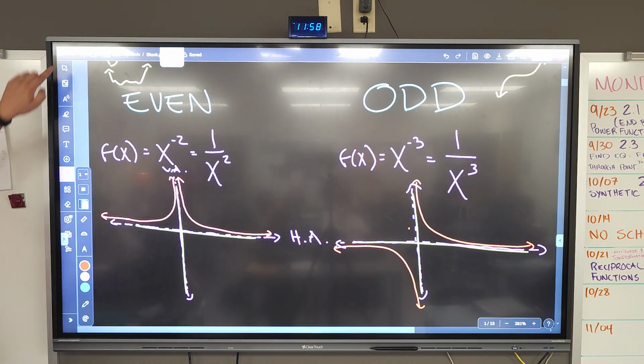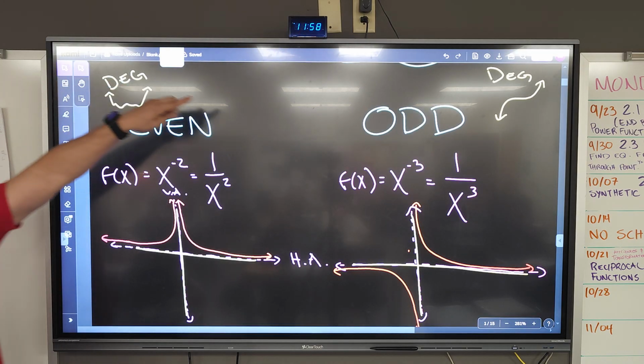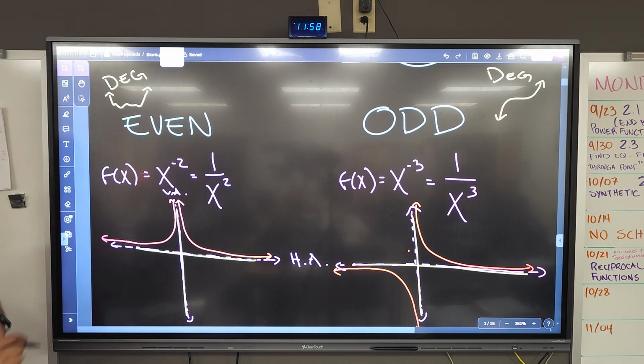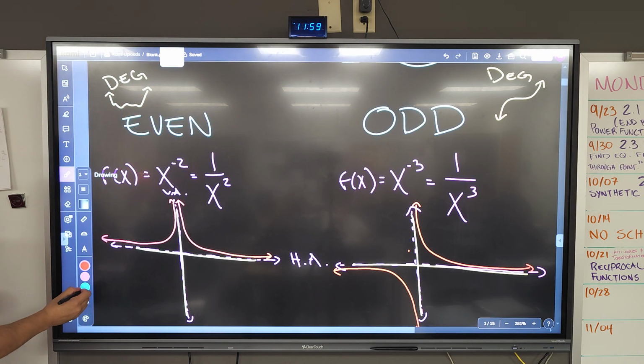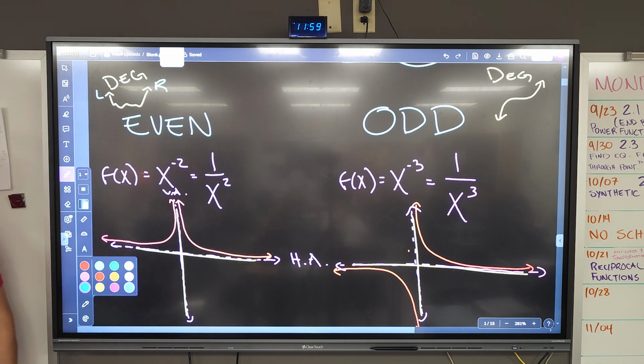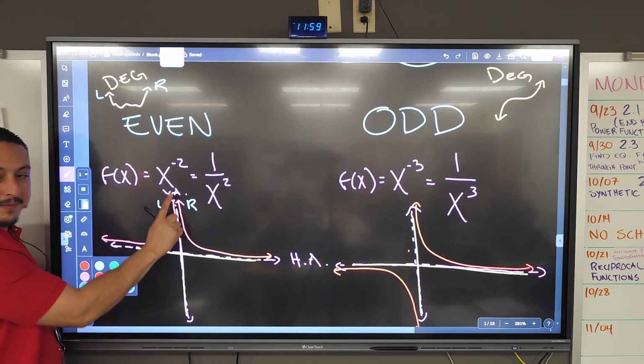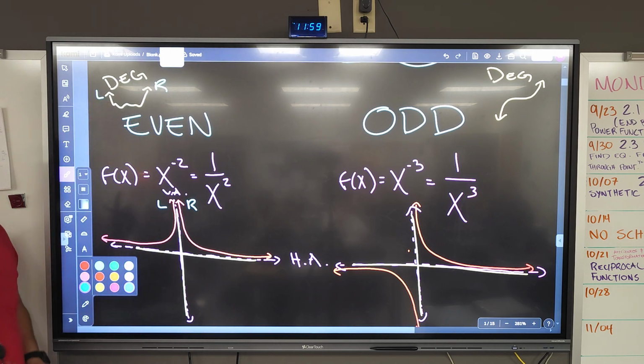Okay, now you're like, how am I supposed to remember that? Remember how we said look like a W, look like an S? I want to adapt it to this. Where are both my left arm and right arm pointing in the W? Up. Left arm, right arm, up. So they're still both pointing up.